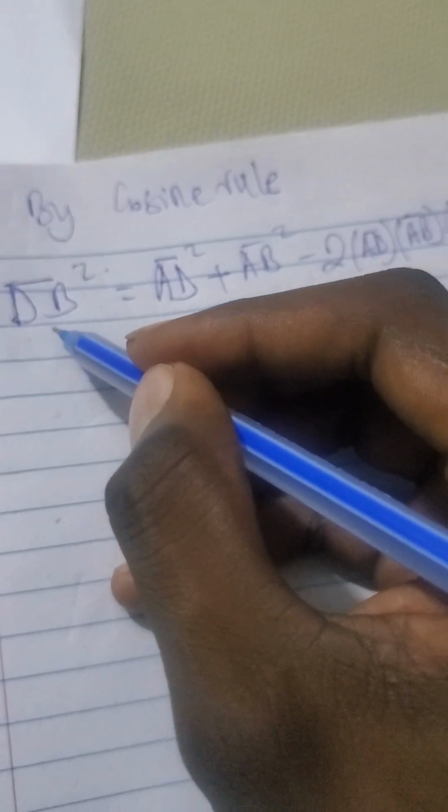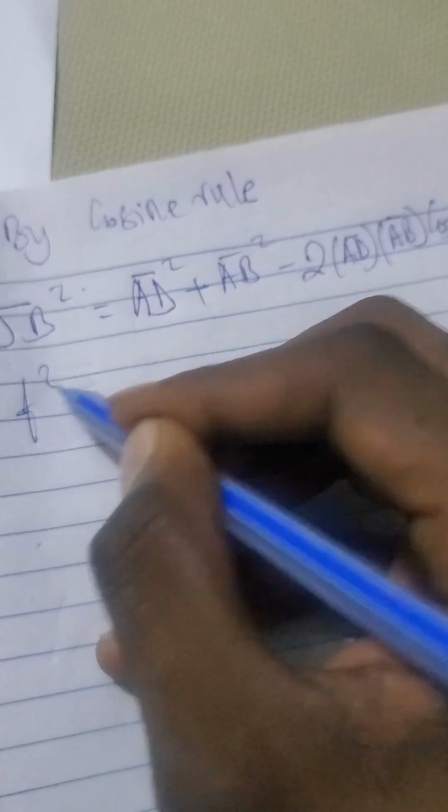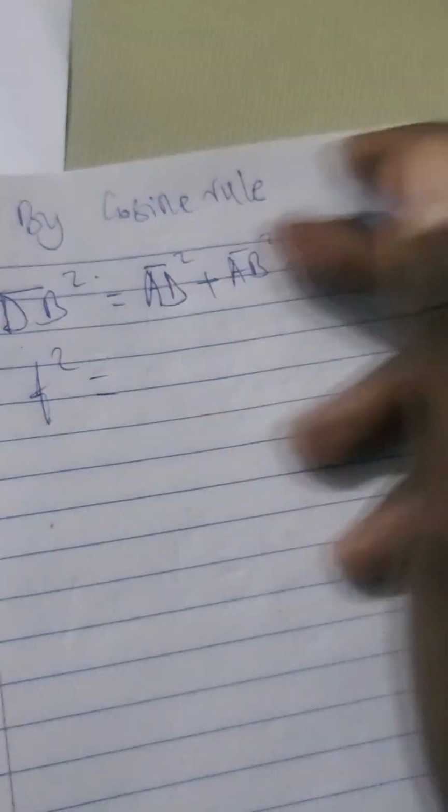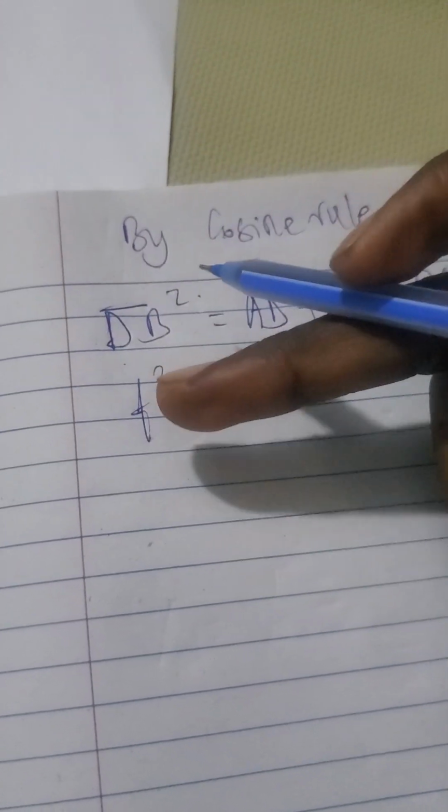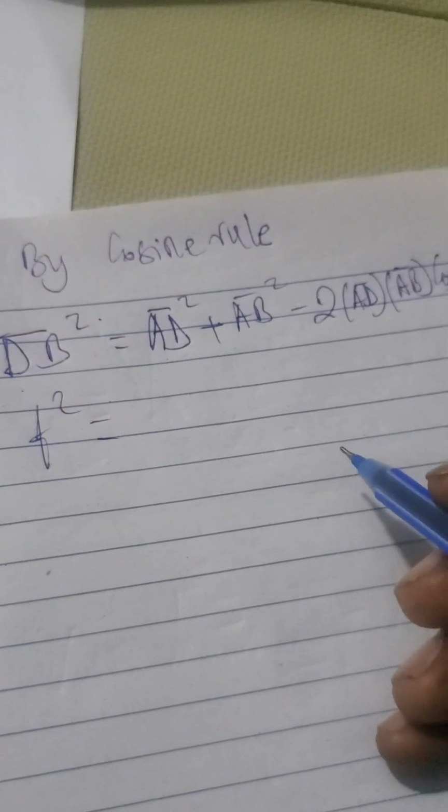If we want to get the total travel time, the total travel time squared is the same as dividing this distance squared by the velocity squared.